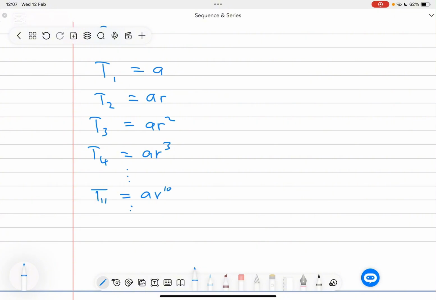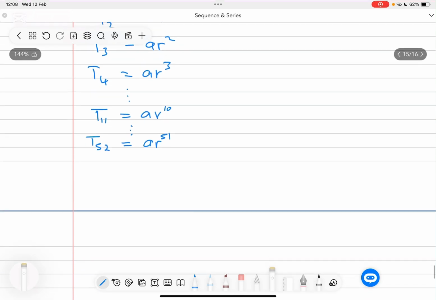The sequence can continue growing in this manner to a point where we get maybe to term 52, which will be given by a r to the power 51, because 52 minus 1 gives us 51.